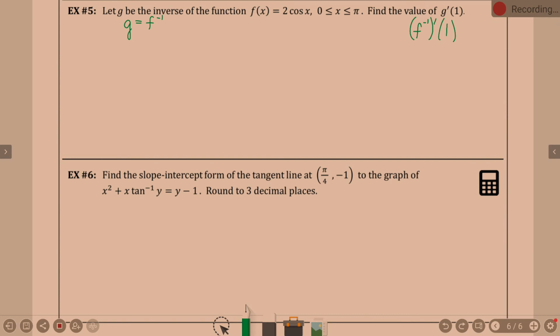So we're trying to find g prime of 1, which is 1 over f prime of f inverse, right? Except we're not supposed to be using f inverse, we're using g. Of what value? 1.